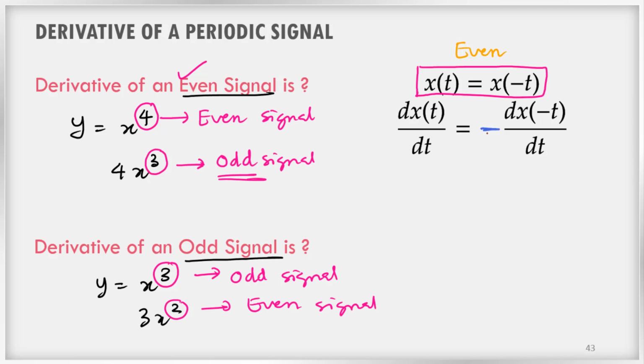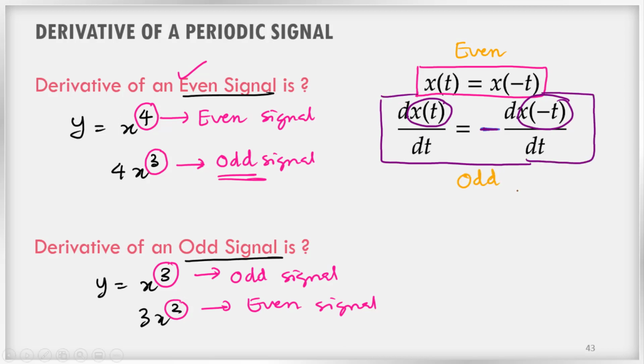Clearly, you can see that here it is x of t, here it is x of minus t, and there is a negative sign in front of that. So this clearly indicates that this derivative result satisfies the condition for an odd signal. If the signal is even, then the derivative of that even signal will be an odd signal.